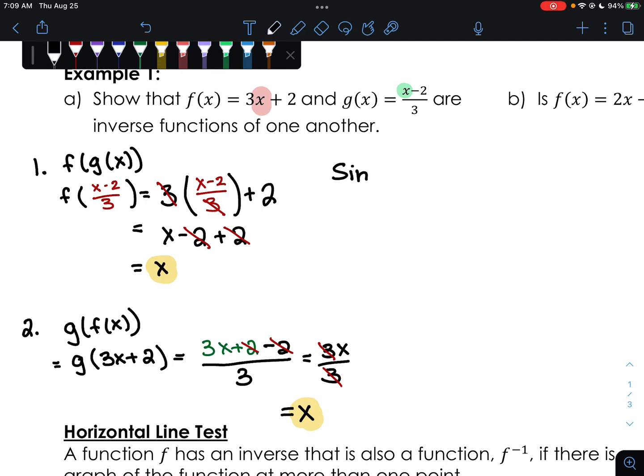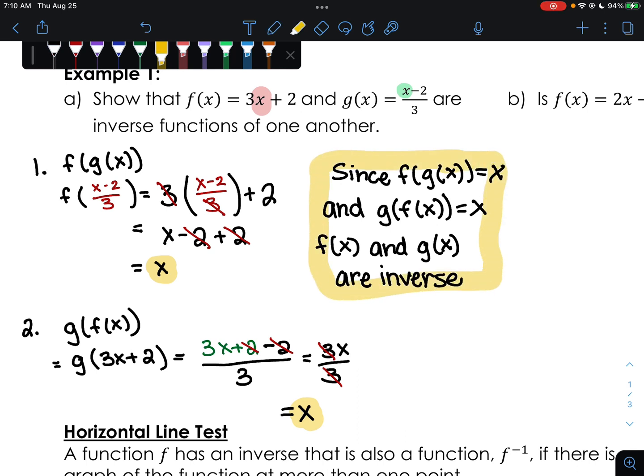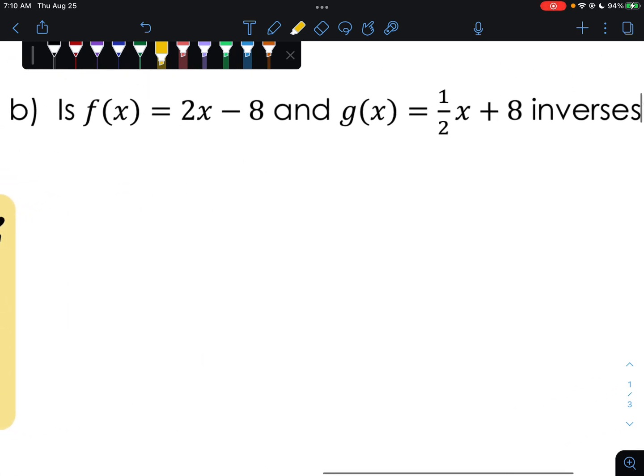Since f of g of x equals x, and g of f of x equals x, f of x and g of x are inverses. And that's it.